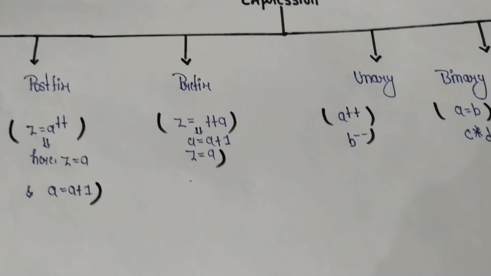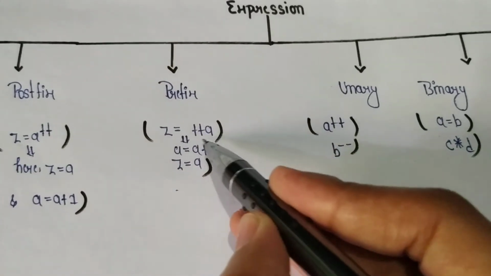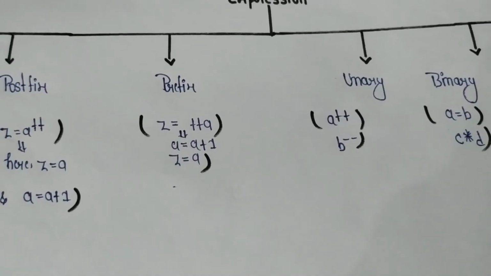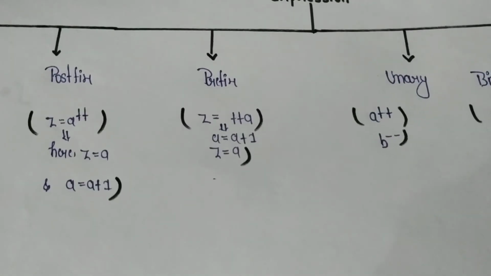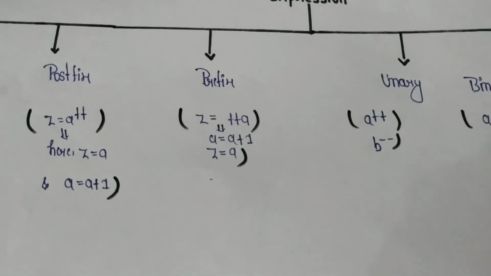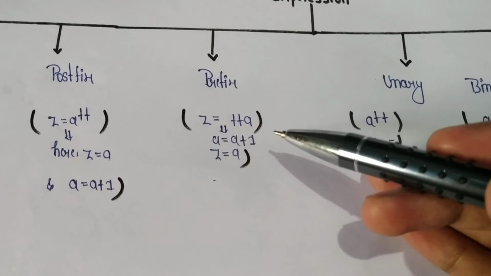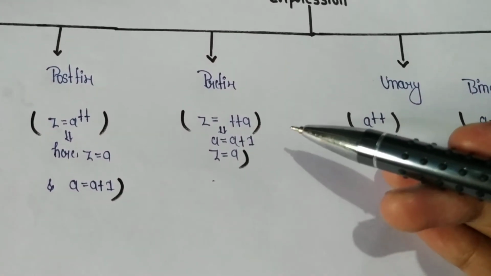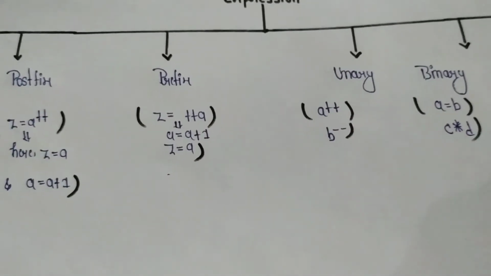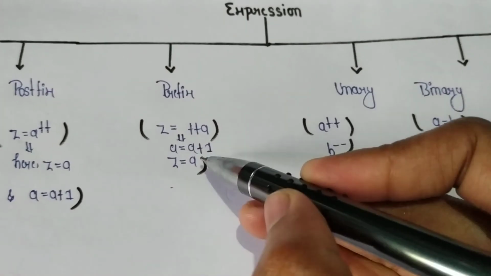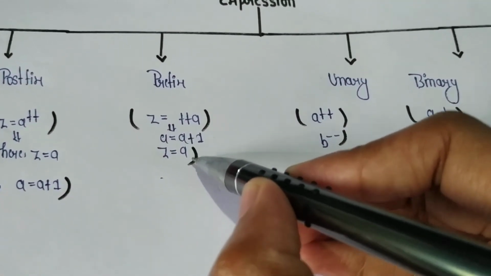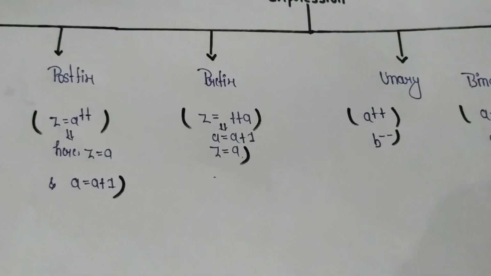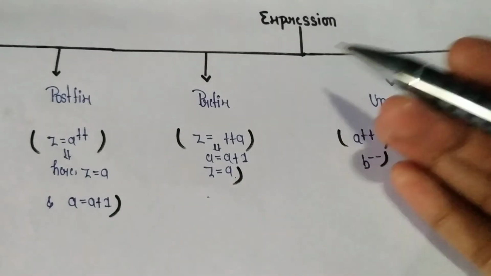In prefix, if we use the increment operator before the value, then we can see here assigning Z is equal to plus plus A. How does the computer take it? It will first increase the value, and then it will assign the value to Z. So this is what prefix expressions are.